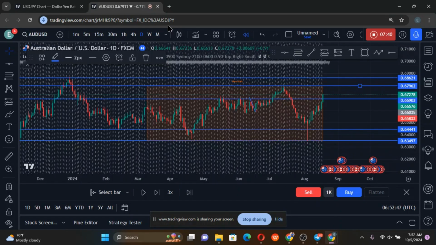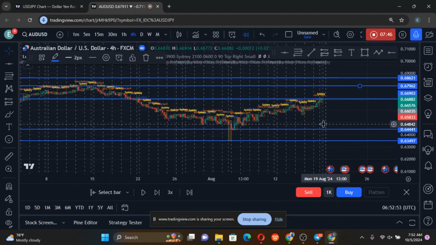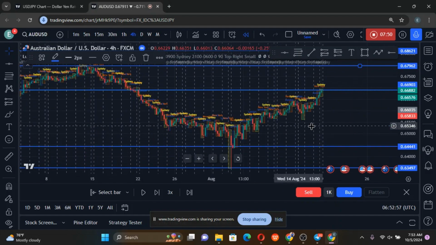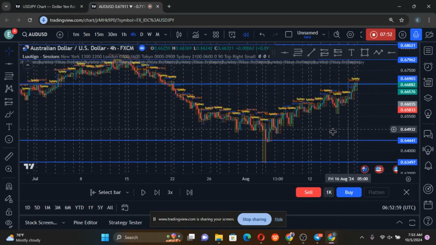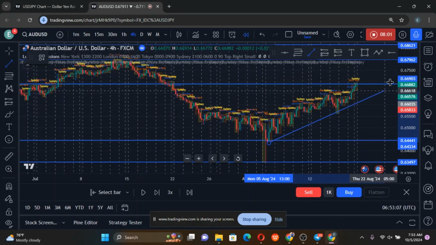Going back to the 4-hour time frame, you can see that the market is actually in a range. The overall movement is a range, then we have a bit of an uptrend, an upwards movement here. So I'm going to draw my uptrend, starting from here.